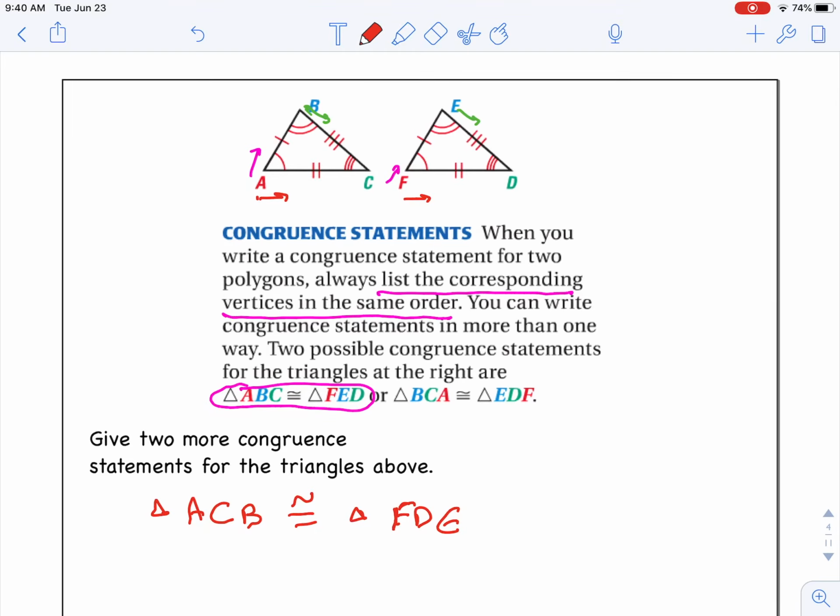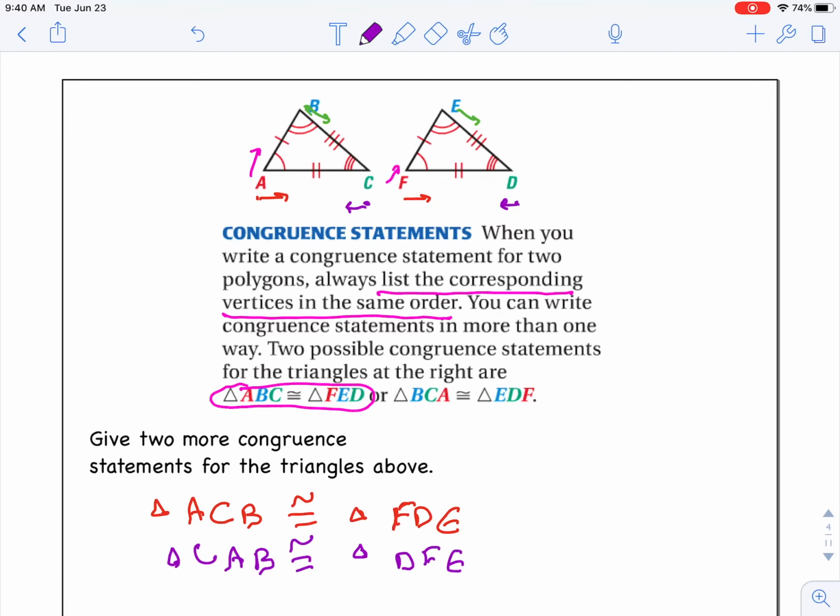Again, order matters. Or I could start with this vertex right here, C and D, and go either direction. So triangle CAB is congruent to triangle DFE.